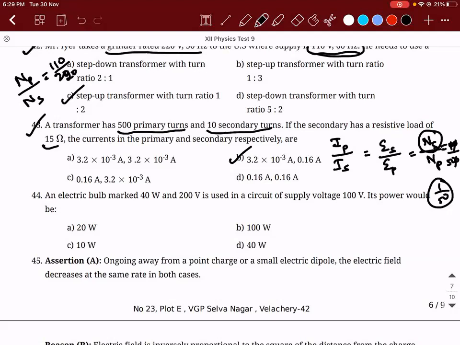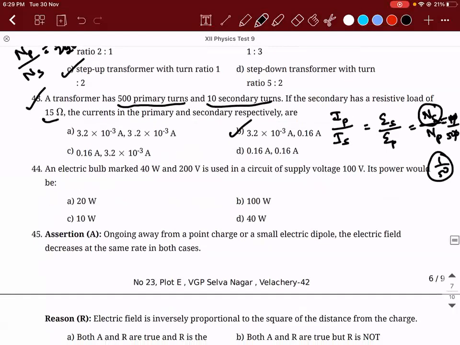If you check out, option D will give you the right answer, because 3.2 divided by 0.16 will give you the right answer.